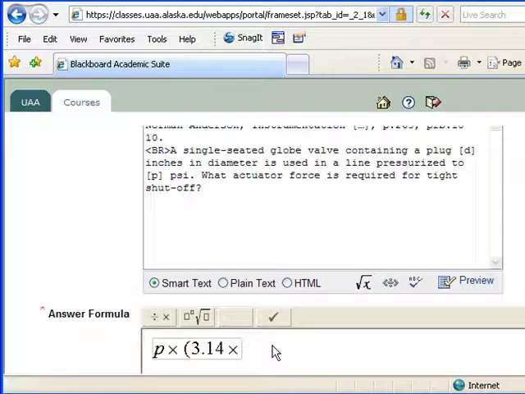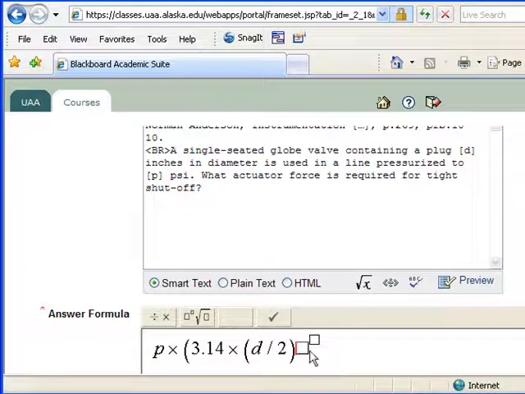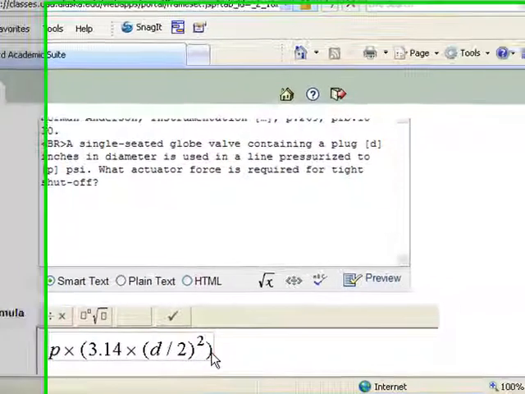So I have to give them some allowance. Times the radius. I'm going to open another parentheses here because I'm going to take the diameter and divide it by 2. Close the parentheses, and I can choose this one here, right there. Oops, okay, that didn't quite work. Okay, take it away. I can actually use that caret symbol on my keyboard, and that automatically gives me a power, an exponent, and then I close that parentheses over there.